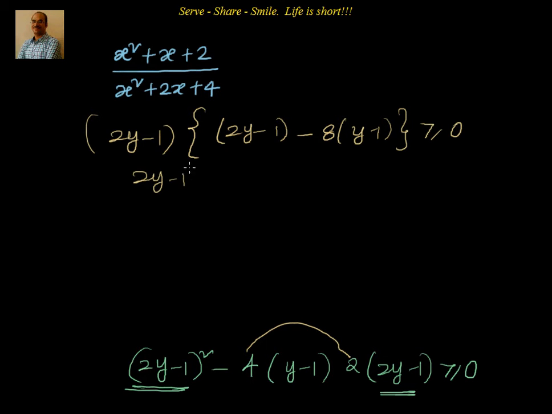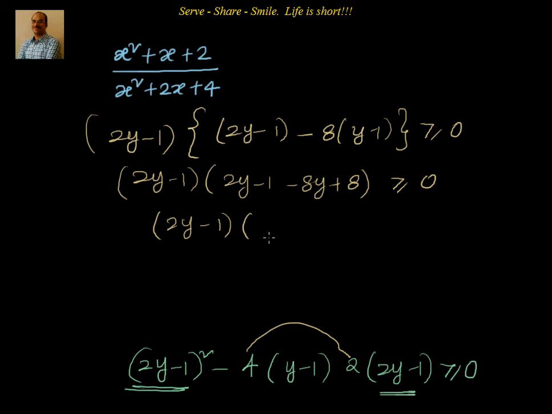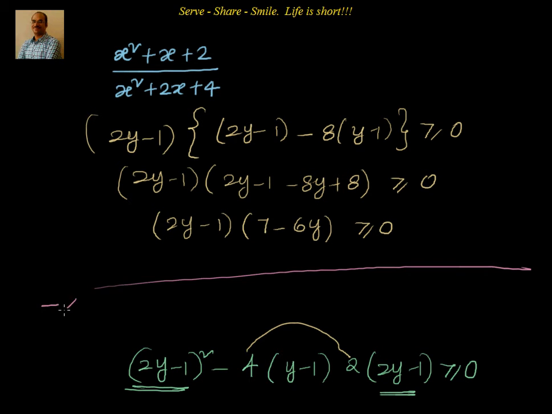So can I say 2y minus 1 into 2y minus 1 minus 8y plus 8 should be greater than or equal to 0, or can I simplify and say 2y minus 1 into 7 minus 6y should be greater than or equal to 0. Now we try to find out the values of y which will satisfy this particular equation.